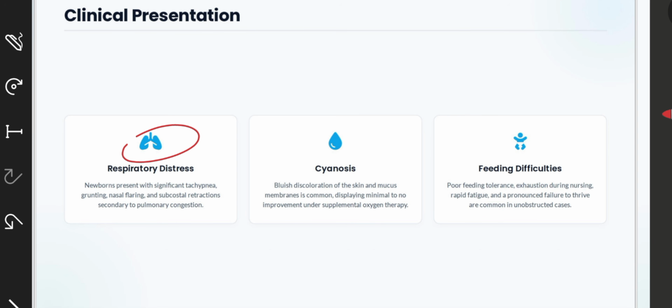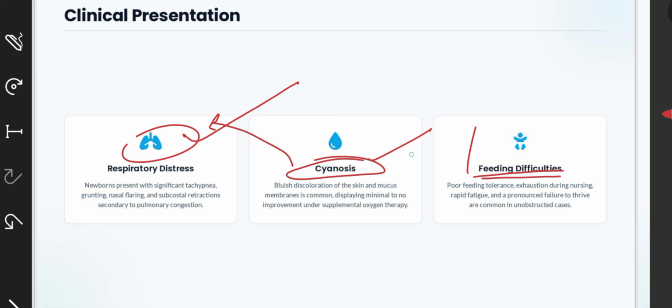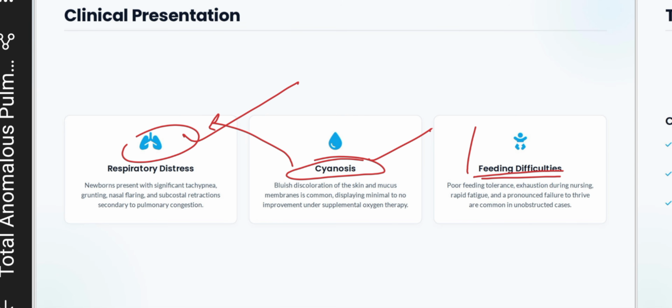The child may present with cyanosis since birth if it is the obstructive type, and if it is the non-obstructive type, there is only slight cyanosis, but the child may present with right heart failure and feeding difficulty. So these are the three clinical presentations. In the non-obstructive type, the patient mainly presents with feeding difficulty and respiratory distress, and in the obstructive type there is an acute emergency, that means the patient presents with severe cyanosis.